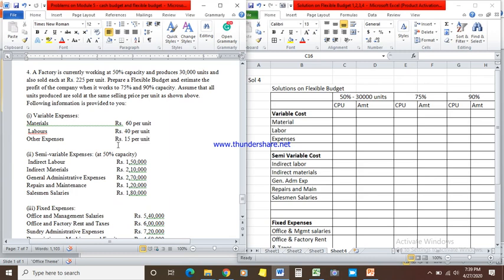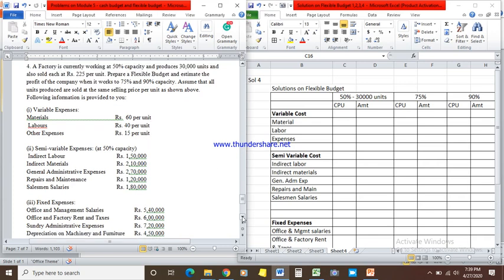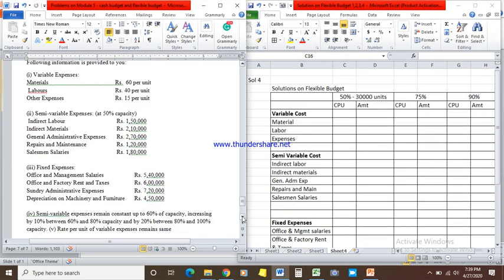So till 60% level, that is up to 59%, the cost pattern remains the same. But once production reaches 60% and moves up to 80% capacity, then the semi-variable expenses are going to increase by 10%.